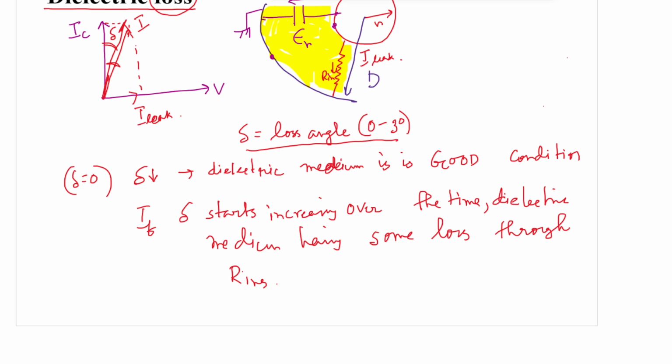If delta starts increasing, a preventive measure should be taken. Ideally delta should always be 0, but if it is within the range 0 to 2 degrees, it is acceptable. However, it should not go beyond that. If it goes beyond that, it is not accepted.